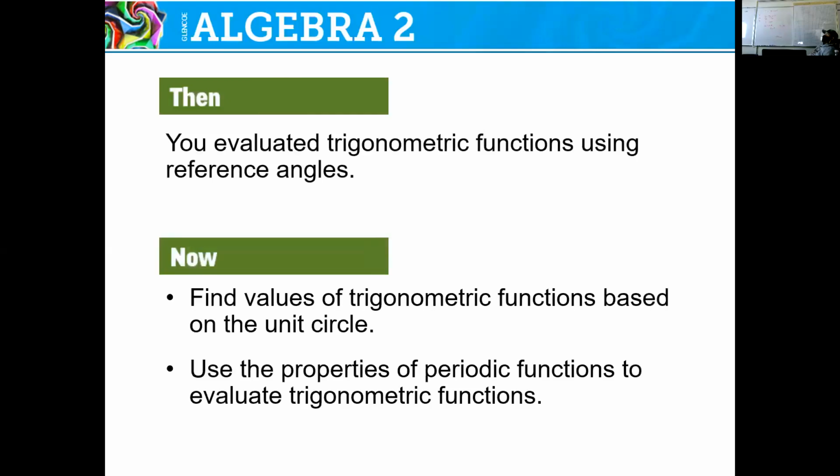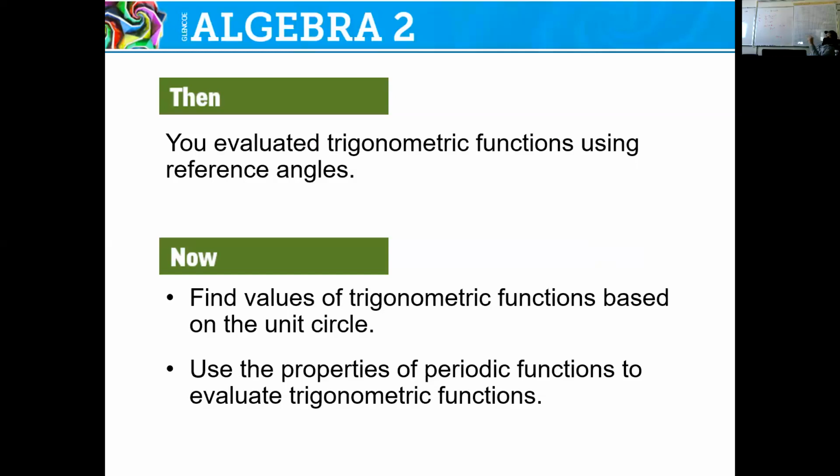Okay, so previously we've evaluated trigonometric functions using reference angles. That's what we pretty much did last week. Today what we're going to do is standardize it. Because remember, the values of your trigonometric functions are ratios of side lengths.